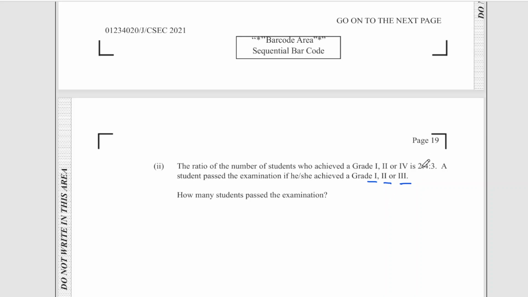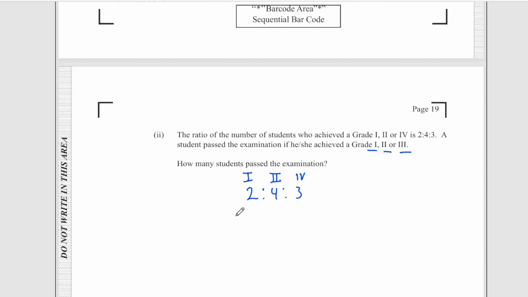Now they give us a ratio here, 2 to 4 to 3. So 2 to 4 to 3. 2 is grade 1, 4 is grade 2, and 3 is grade 4. Right? And when we deal with ratios to find grade 1, so for grade 1 would be 2.